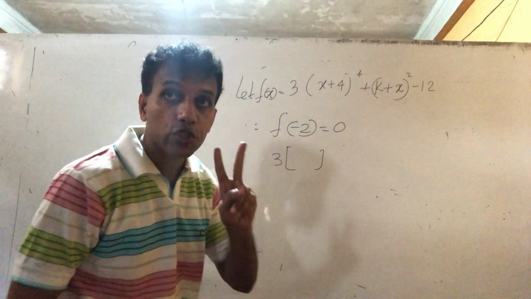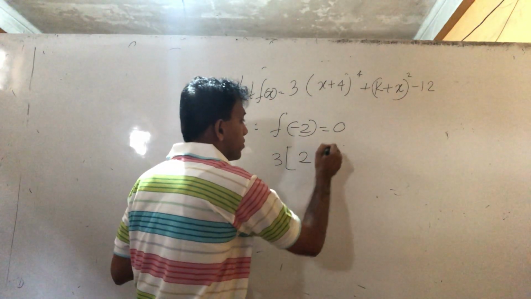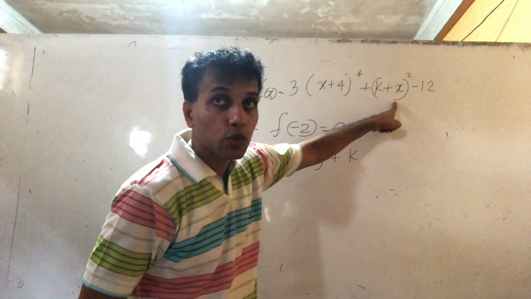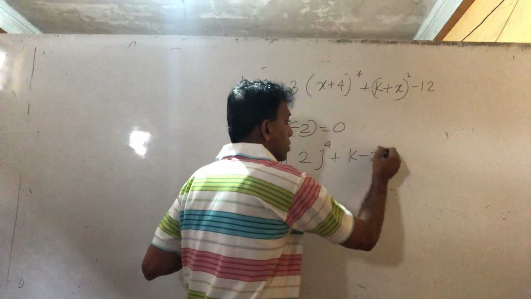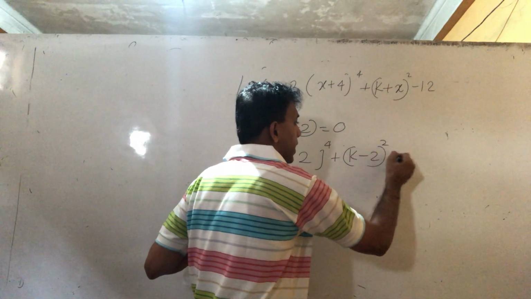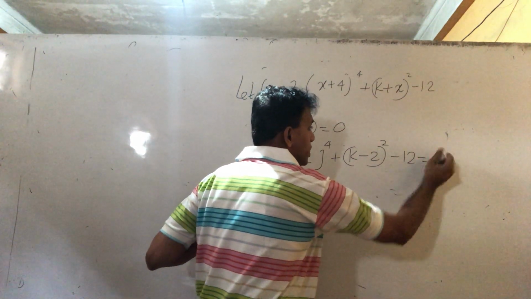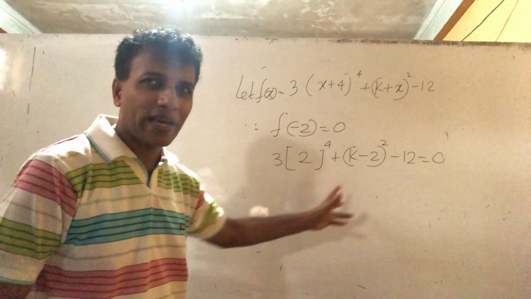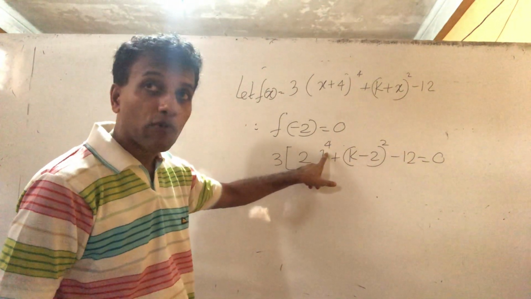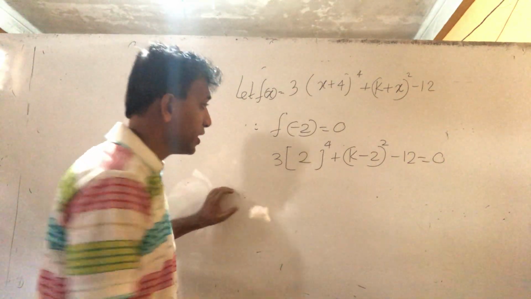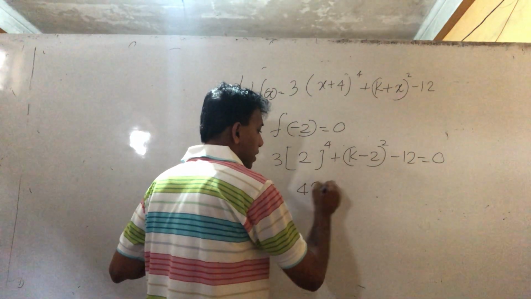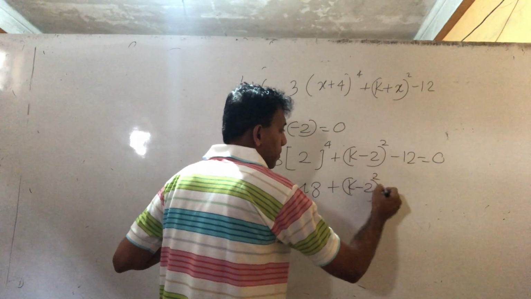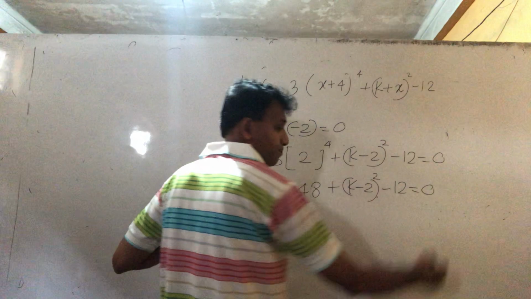Minus 2 plus 4 is 2, power 4, plus k, put x as minus 2, all squared, minus 12 equals 0. Now solve. 2 power 4 is 16, times 3 is 48. 48 plus k minus 2 square minus 12 is 0.